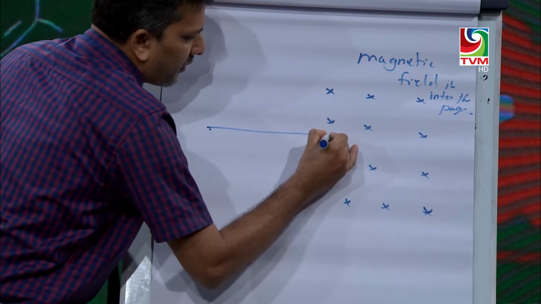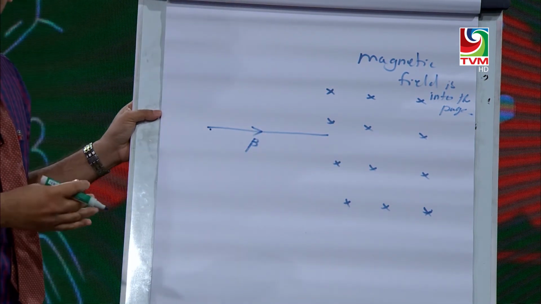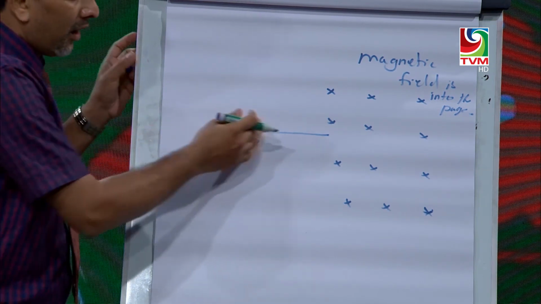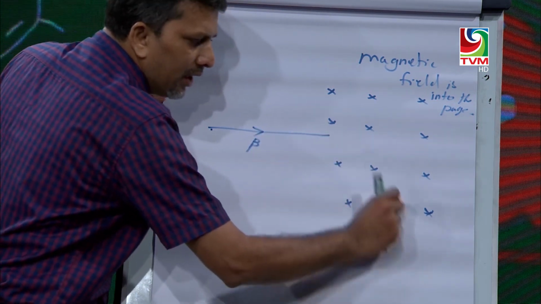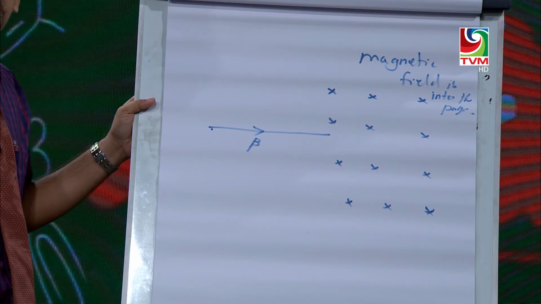One beta particle is going this way. Most of the time, the questions come like this. Then we have to check whether the particle will deflect this side or this side. For that, we use Fleming's left-hand rule.